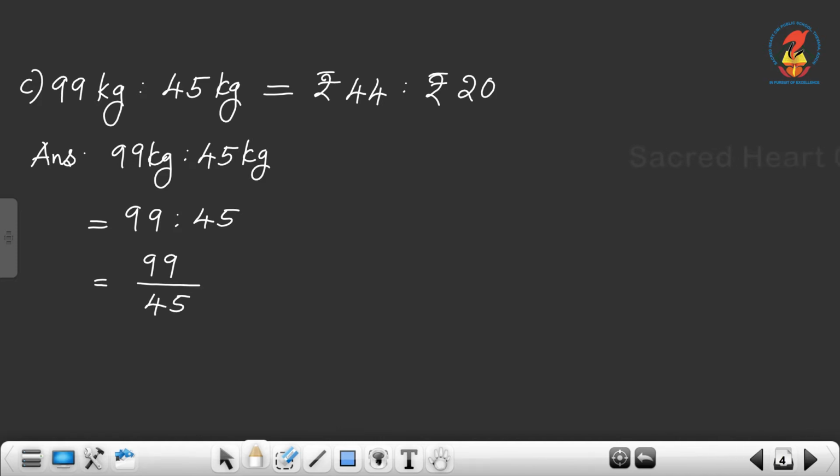So, find out the highest common factor of 99 and 45. We can divide with 3, 33, then 15, again with 3, 11, 5.